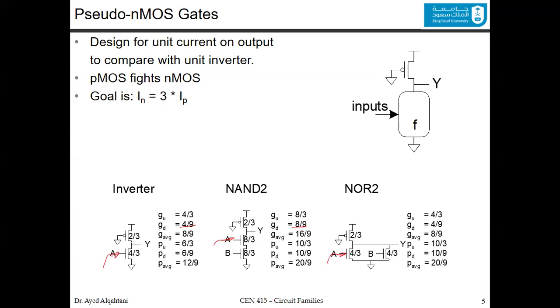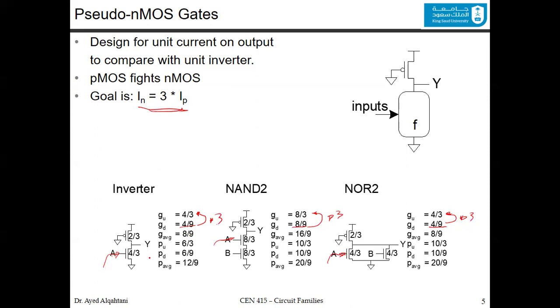It's going to be the same as this one in the inverter, which is going to be 4/9. Now, for the up, what you do is you just multiply by 3. You multiply it by 3 to make sure this is correct. Similarly, here, you multiply it by 3, and here you multiply it by 3. If you want to get the average, you can get it easily.